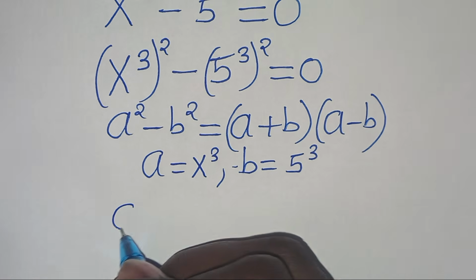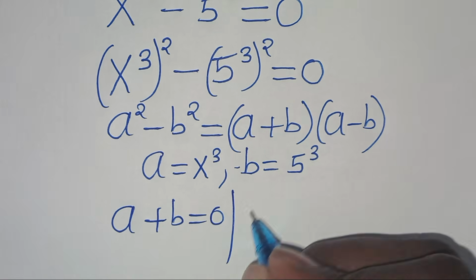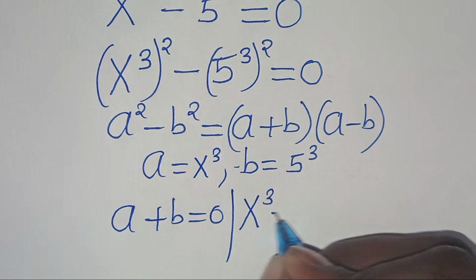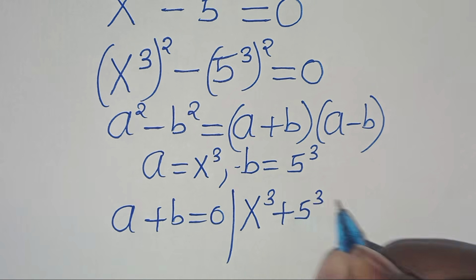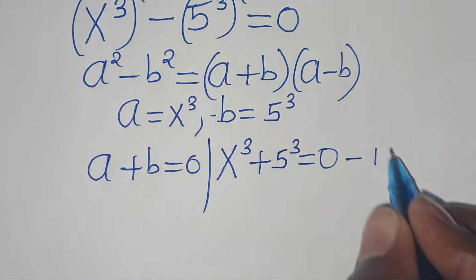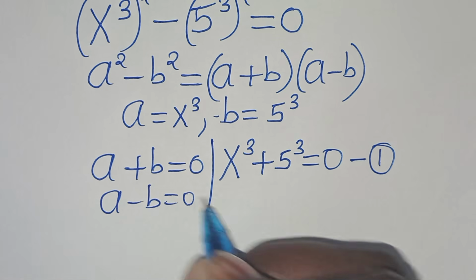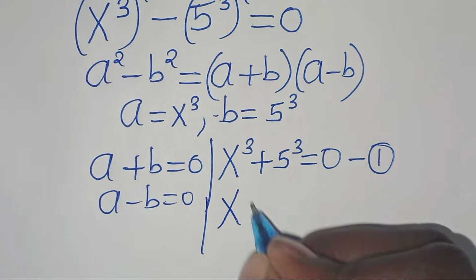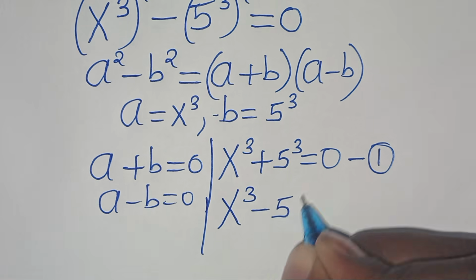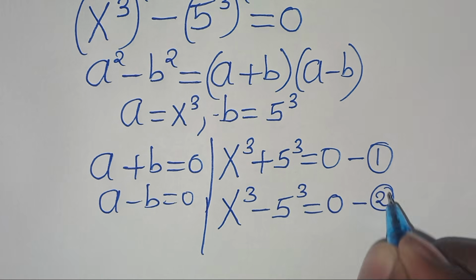So this implies a plus b equals 0, which is x to the power of 3 plus 5 to the power of 3 equal to 0. Let's call this case 1. Then a minus b equals 0, which is x to the power of 3 minus 5 to the power of 3 equal to 0. Let's call this case 2.